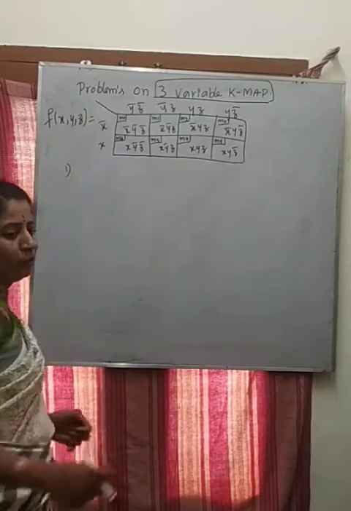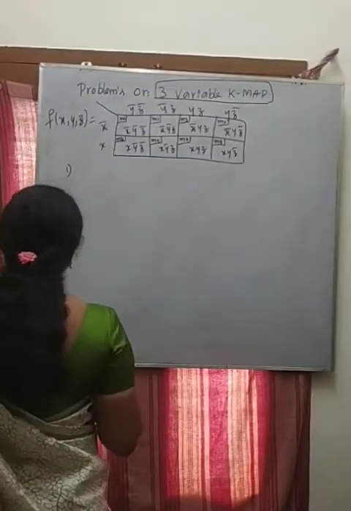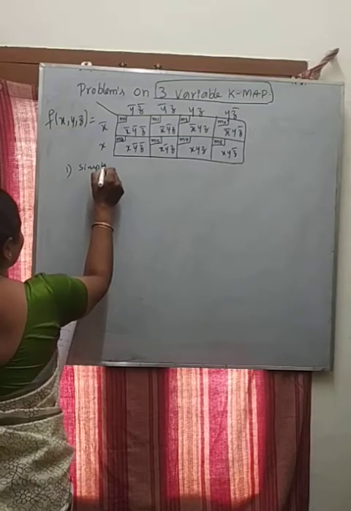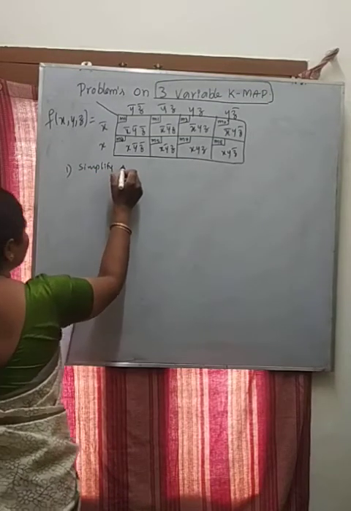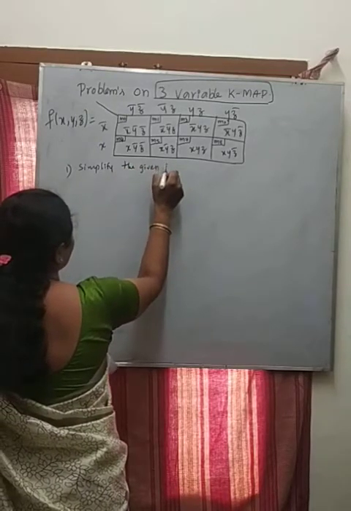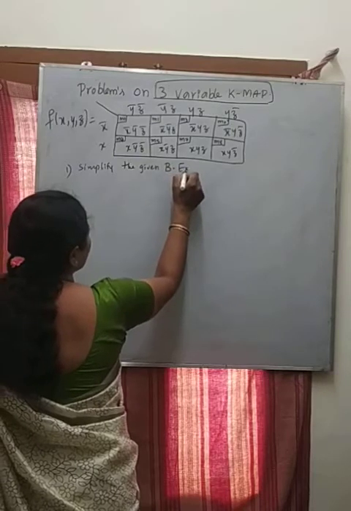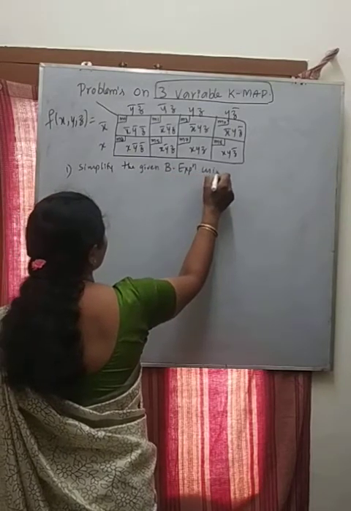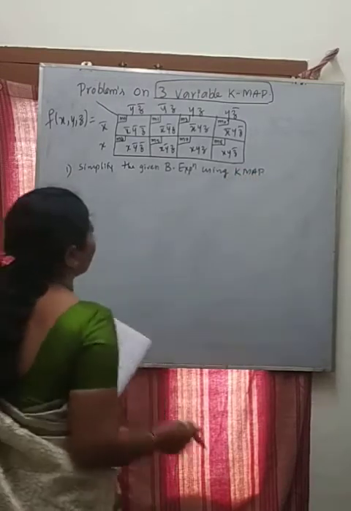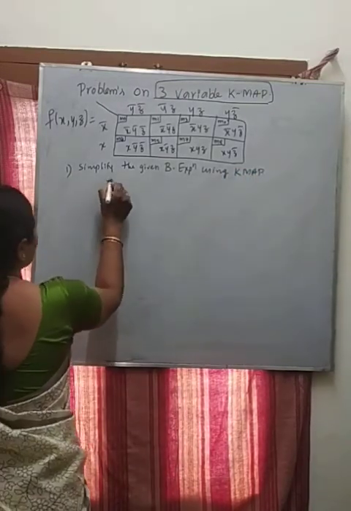The first problem: simplify or reduce the given Boolean expression using KMAP. What is the expression?